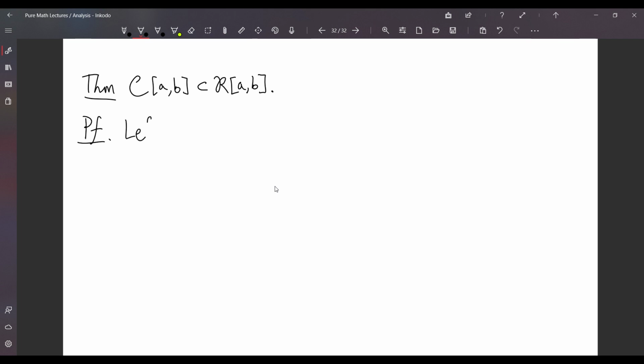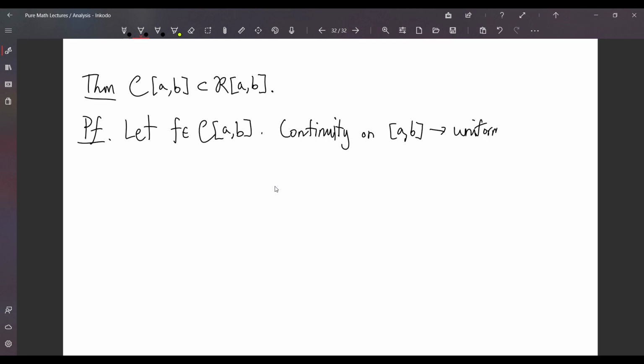So we're going to let f be continuous on [a, b]. Okay. And we have already shown that continuity on a closed interval [a, b] implies uniform continuity.